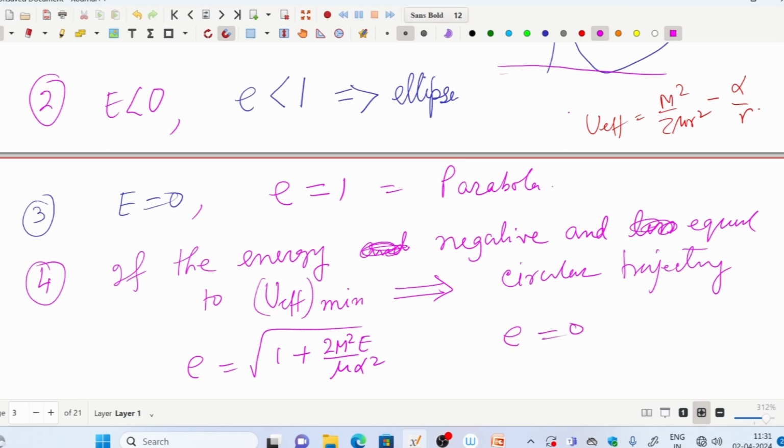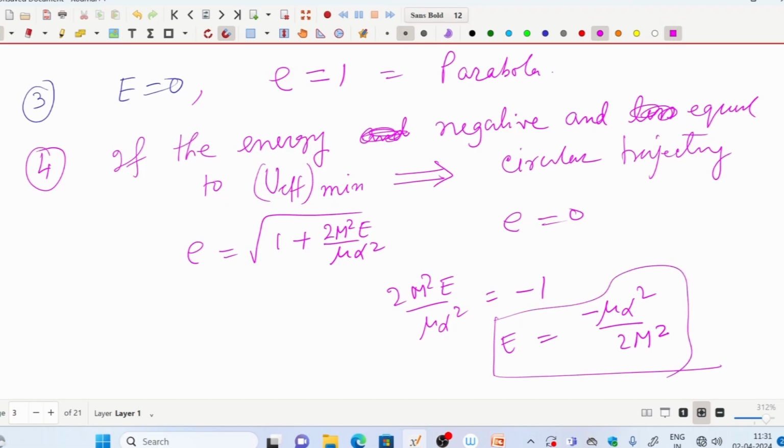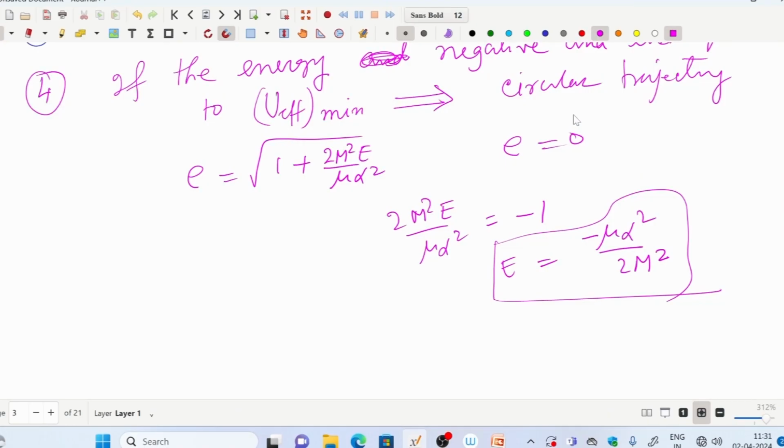That will happen only when 2 m square E by mu alpha square equals minus 1. That means E equals minus mu alpha square by 2 m square. So, at this energy you will have eccentricity 0 and a circular orbit.